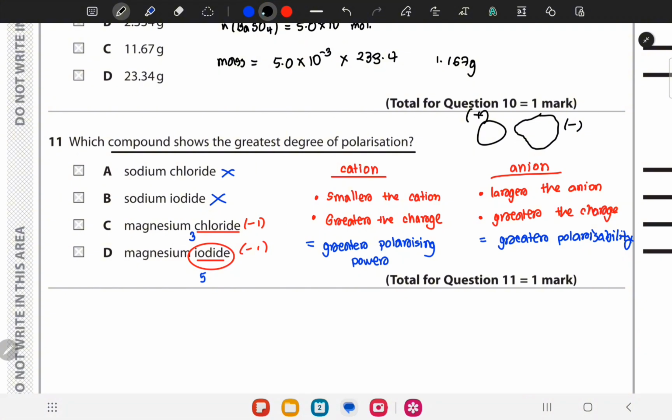So the iodide anion has a much larger size than the chloride anion. So the iodide anion will be easier to polarize than the chloride anion. So the polarization for magnesium iodide will be greater than magnesium chloride. So D will be our answer.